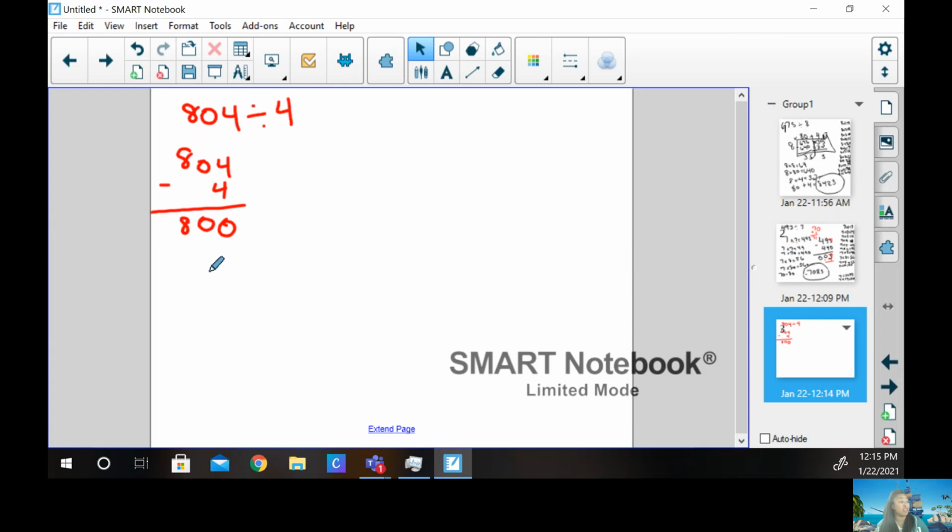And so you would keep doing this until you got to 0, or until you got to a number that you can no longer subtract 4, which then would be your remainder. And then you would count how many times you subtracted 4. So if you had 5 groups of subtracting, your answer would be 5, because you are subtracting 4 evenly.